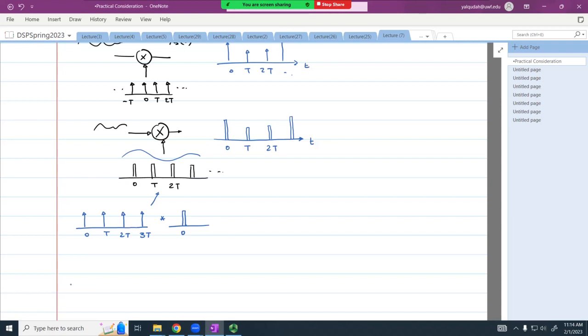Does that make sense, everybody? So here, instead of just convolving with this, if I convolve with the rectangular pulse, in the frequency, if I look at what happens in the frequency, so this is all time, in the frequency, what is the spectrum of the rectangular pulse going to look like?